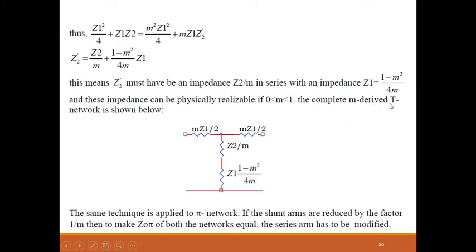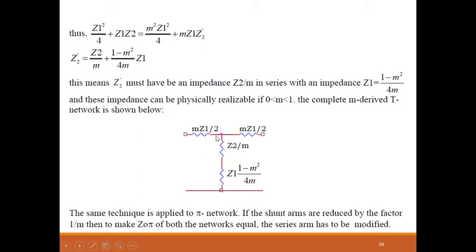The complete M derived T network is shown in the figure like this. The M into Z1 by 2, then M into Z1 by 2, and here Z2 by M, the newly obtained expression.